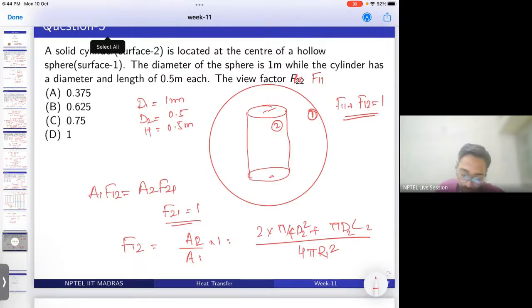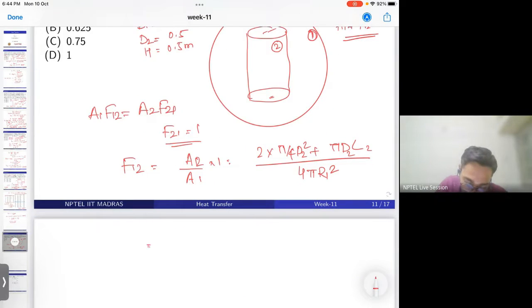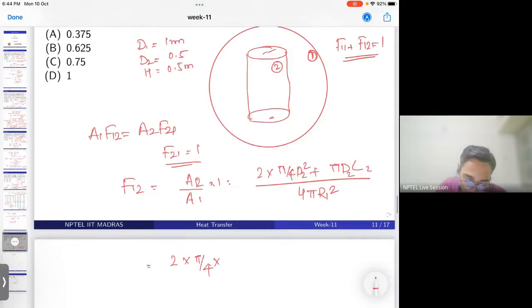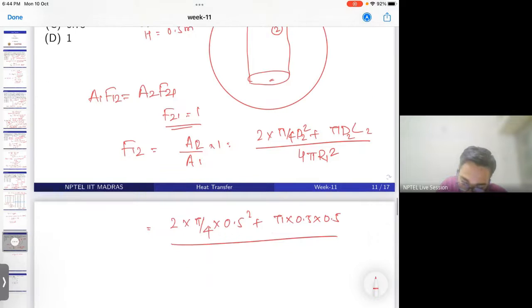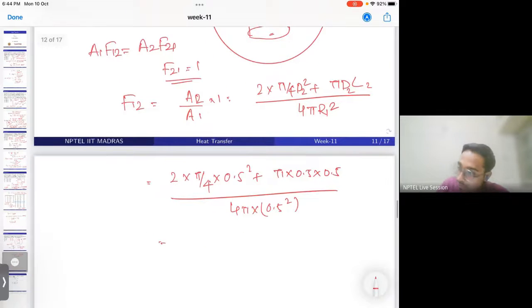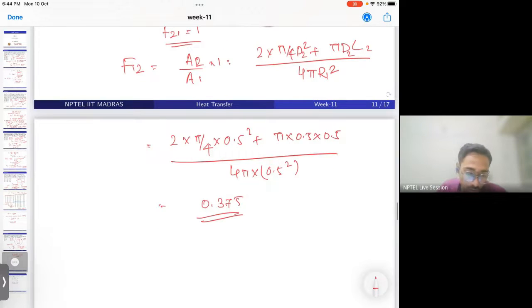If we substitute these values, we get 2 into pi by 4 into 0.5 square plus pi into 0.5 into 0.5, the whole divided by 4 pi into 0.5 the whole square. So the answer will come out to be around 0.375. So we found F12.